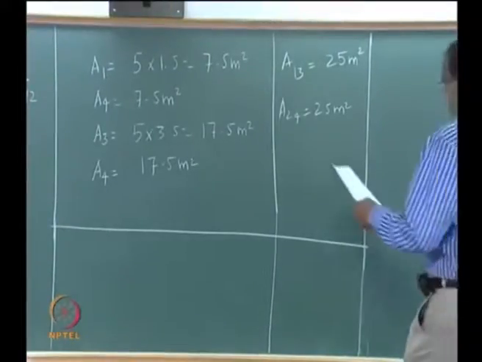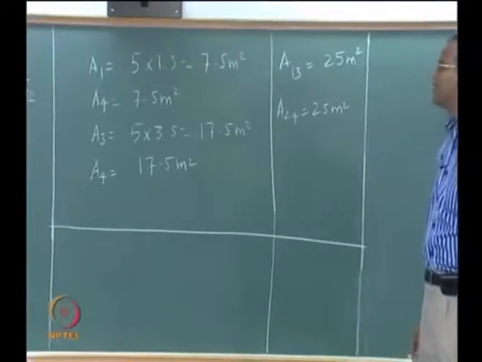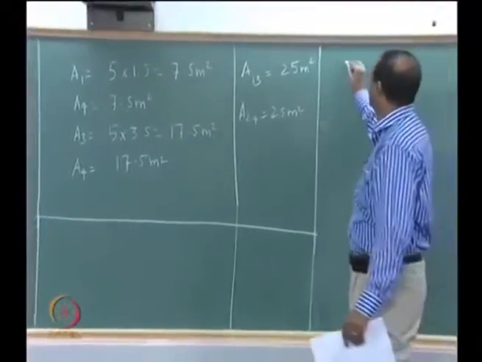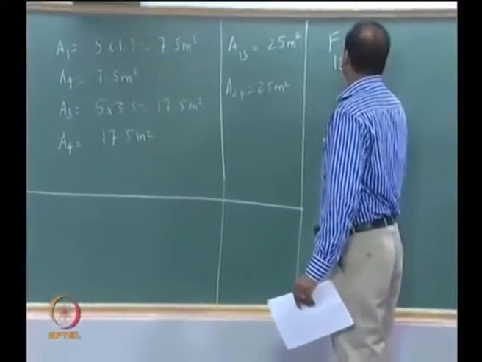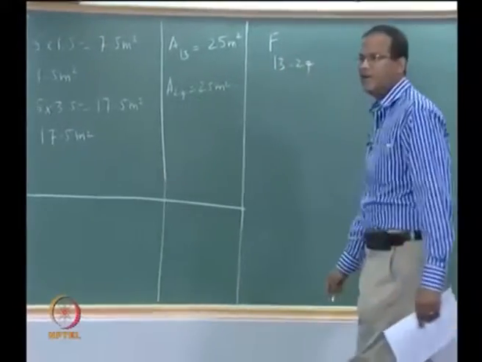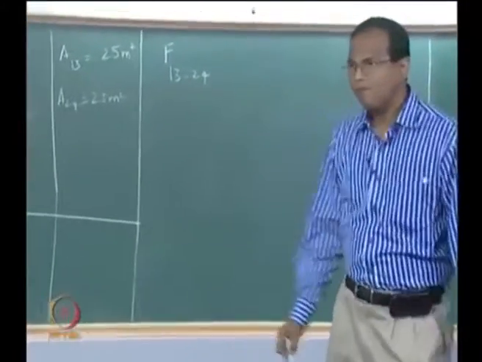So the easiest view factor to get is F13 to 24. We can get it from the chart.